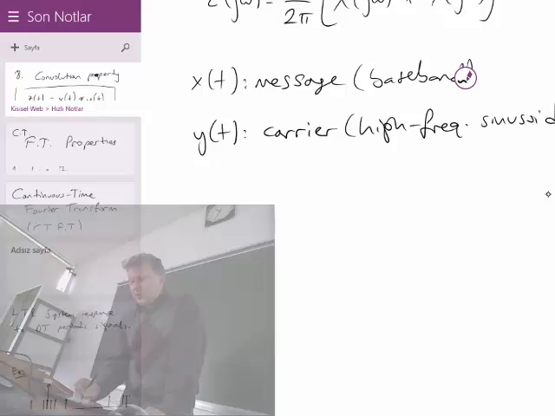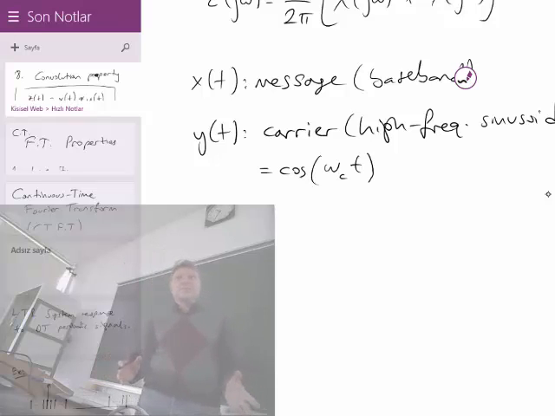A typical example of this y of t is cosine omega c t. Omega c is the carrier frequency, like 100 megahertz, 100 megahertz times 2 pi. Of course, this is in the omega domain. If it's in the f domain, it will be 2 pi times fc times t.